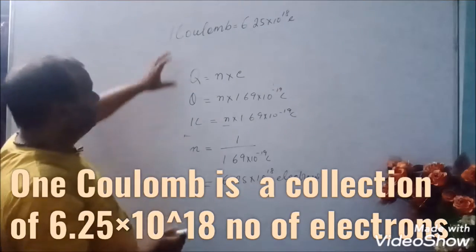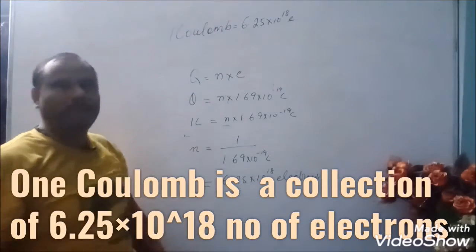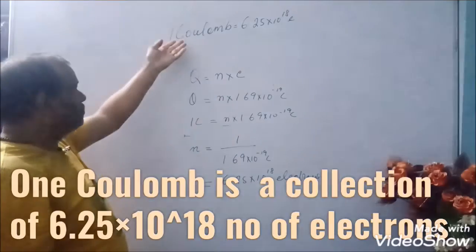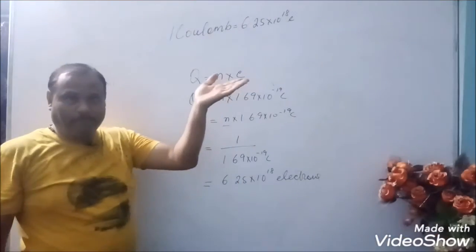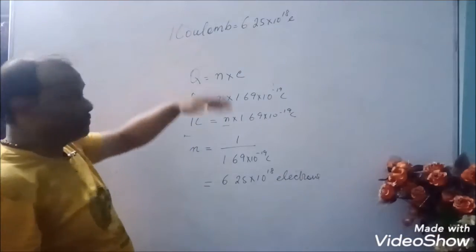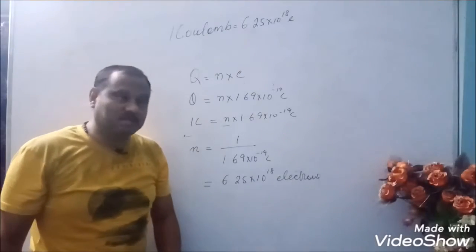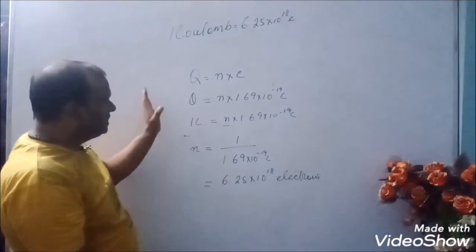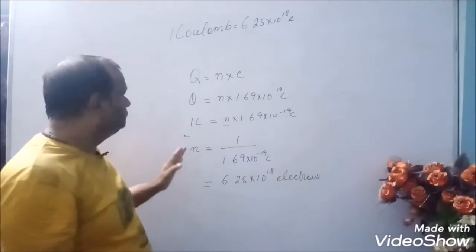Thus that many electrons will make 1 coulomb of charge. So 1 coulomb is also extremely low. If you say 2 coulomb, 3 coulomb, 4 coulomb, like this we can charge a body. I hope this part is clear.